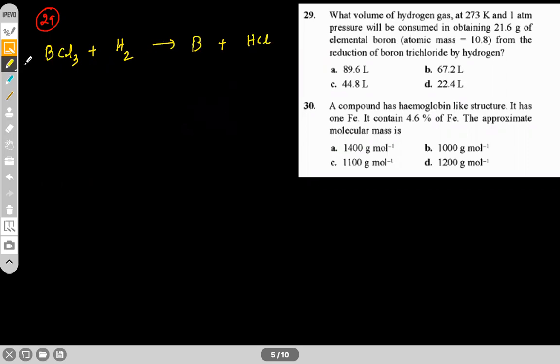So when you balance this, it will be 2 here, 3 here, and 2 here, 6 here.